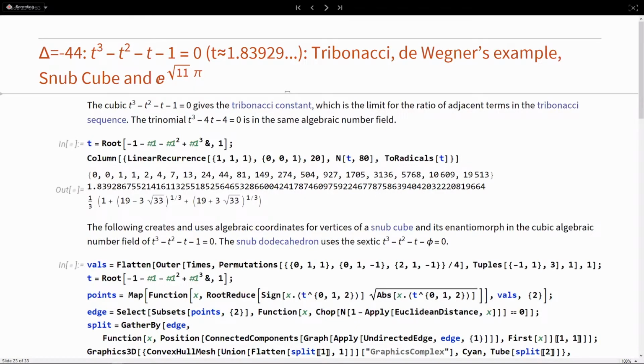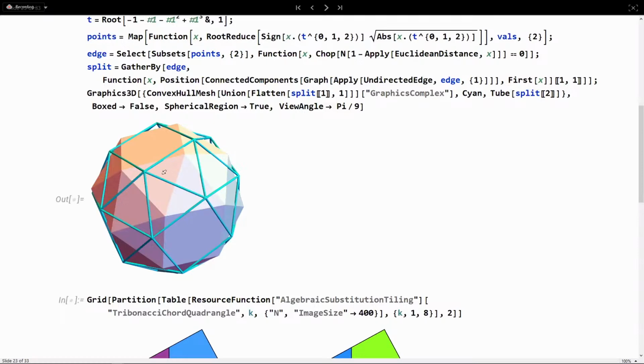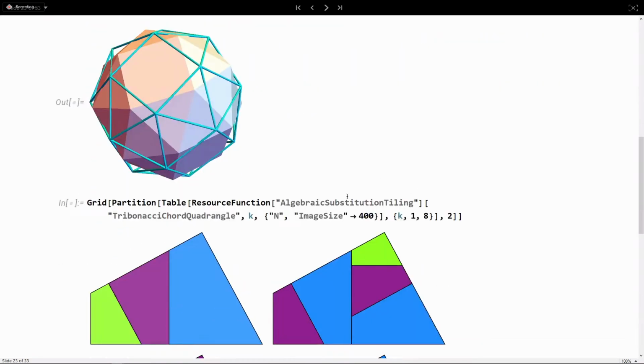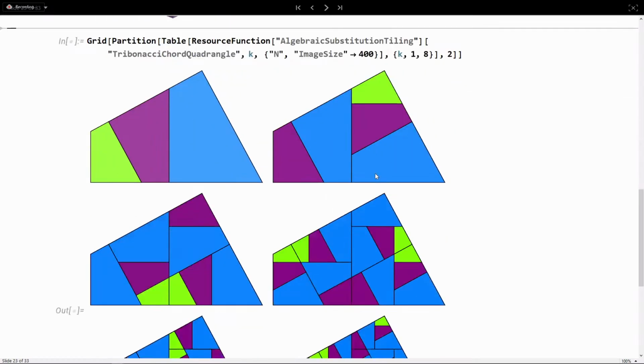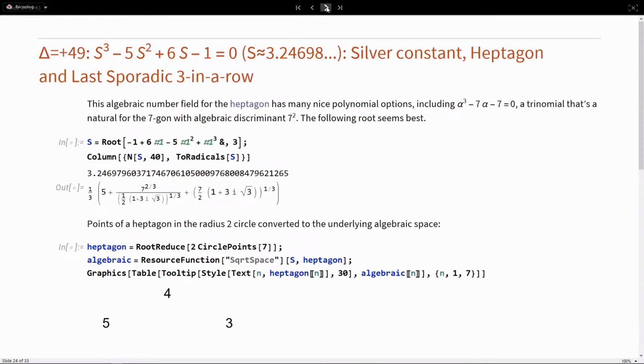Let's see, the next is the Fibonacci constant. So with that, we can build the snub cube and its endomorph. And here's a nice rhomb substitution pattern.